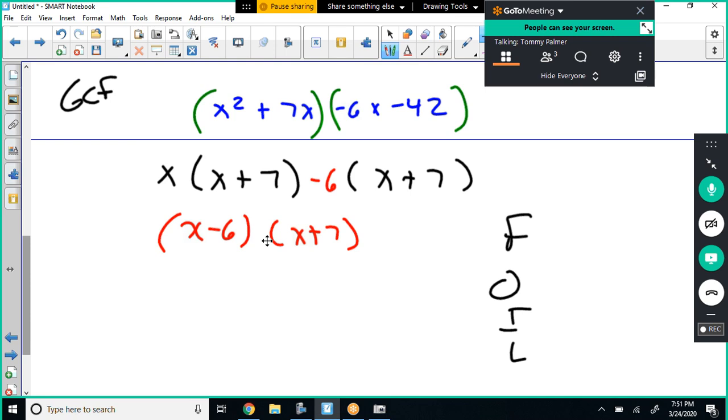So I want you to think about this. If I take this one and multiply those two by FOIL, and then I take this one and multiply it by those two, correct? Y'all with me? Have I lost you?